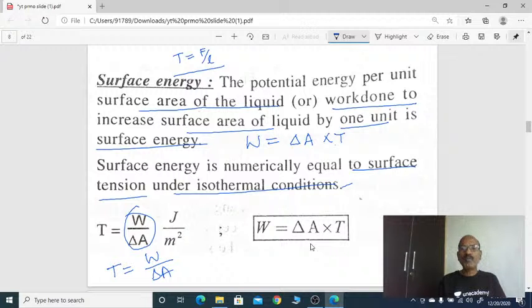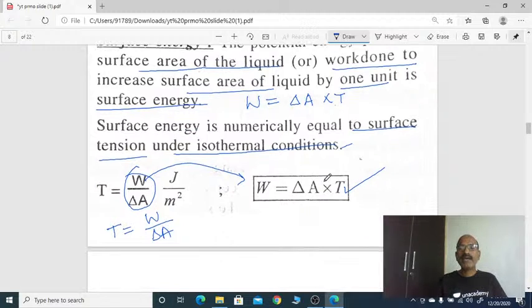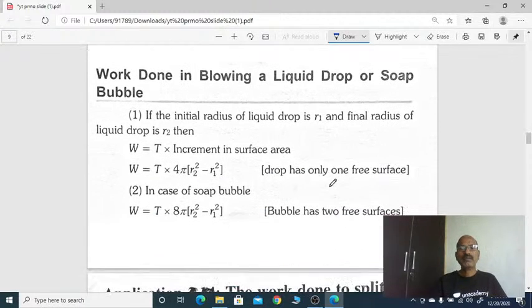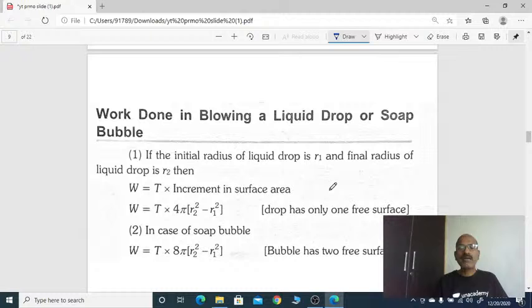Work done W by increase in surface area of the liquid by 1 unit, it is surface energy. From this we can write W, that work done equals surface area into surface tension. So this is surface energy. What is the work done in blowing a liquid drop? Suppose one liquid drop we want to blow.